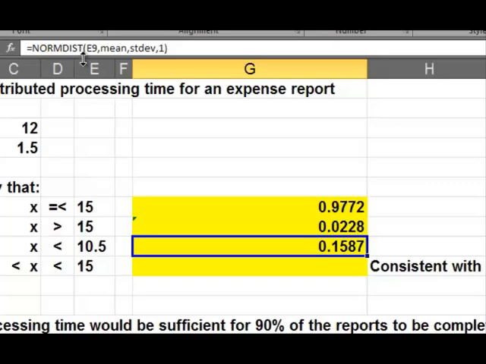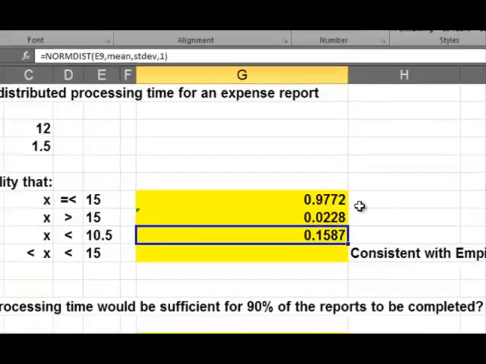That may be useful to know in certain circumstances as well, but we don't need it in our probability calculations this way. Effectively, it's the value of the normal distribution function at a given value of x. But we're interested in the area under the curve. So for the norm dist function, and we'll see this also for the exponential distribution, the expon dist function, we'll always keep this cumulative flag turned on for the purpose of calculating probabilities.